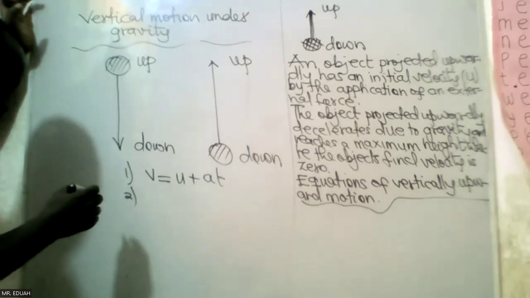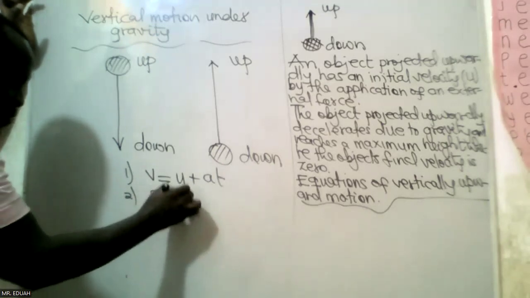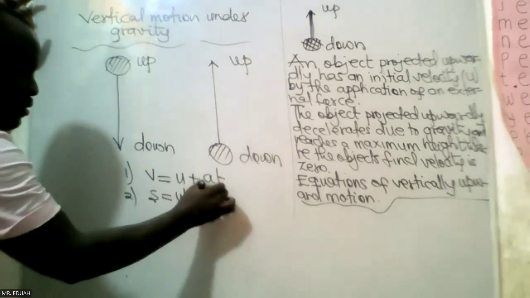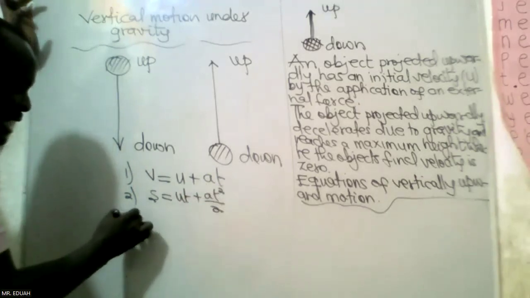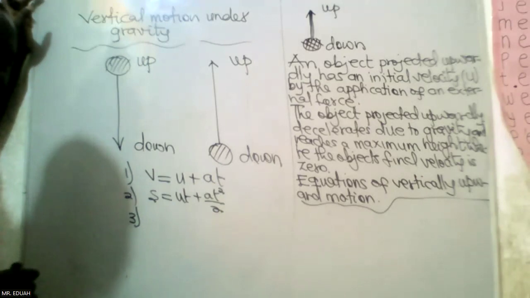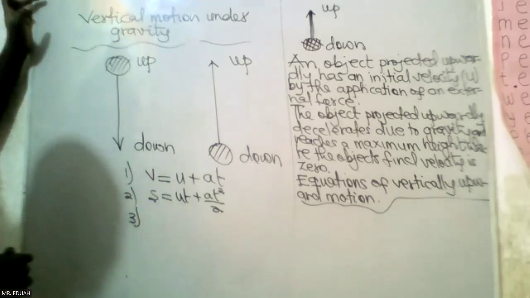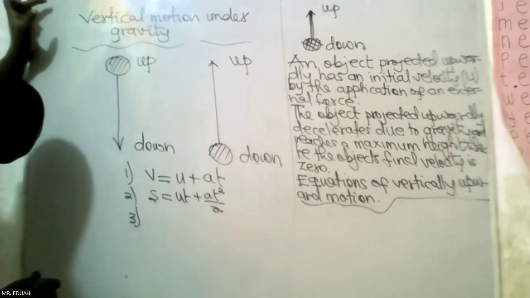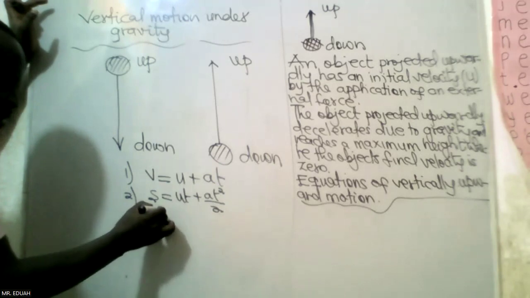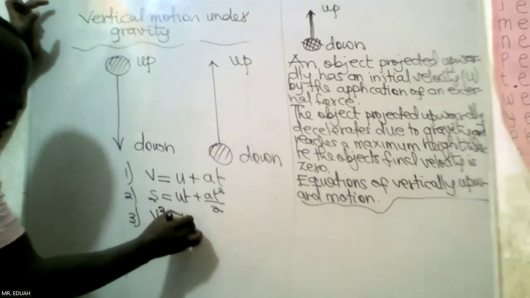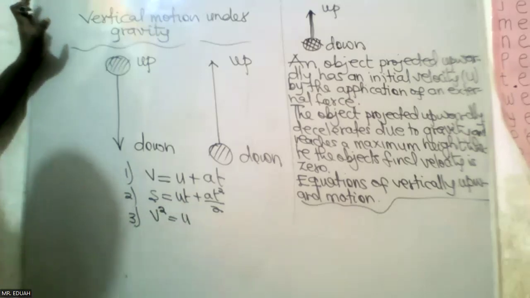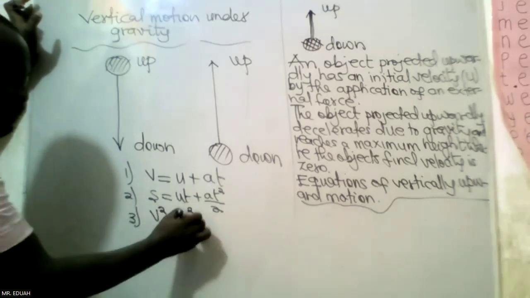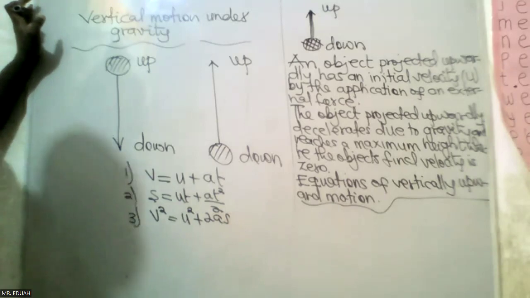S is equal to ut plus at squared over 2. Then the last one. Yes, Elena, go ahead. V squared is equal to U squared plus 2as. All right.